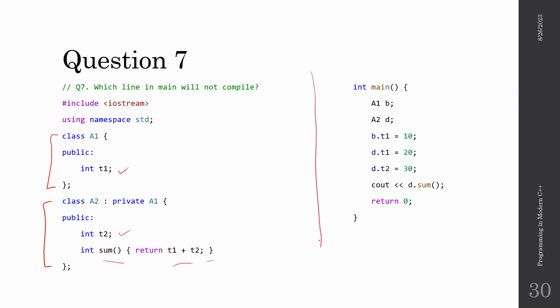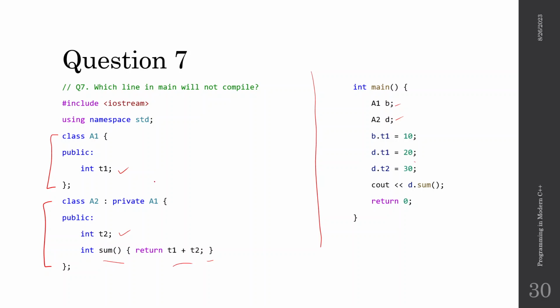Next we come to the main function. In the main function we create two objects B and D. B is of type A1 and D is of type A2. Now we do B dot T1 equal to 10, so this will be set as 10, and then we write D dot T1 equal to 20, D dot T2 equal to 30.